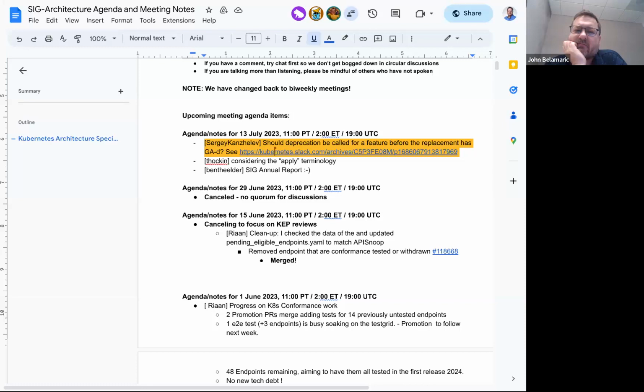Jordan. I think clarifying whether it's deprecation where people have to migrate to something else, or deprecation with intent to remove with no replacement.